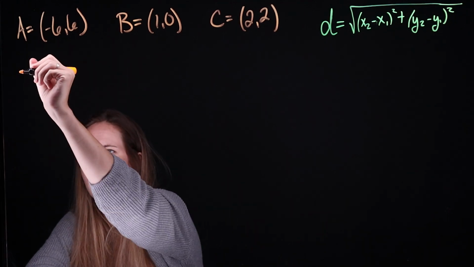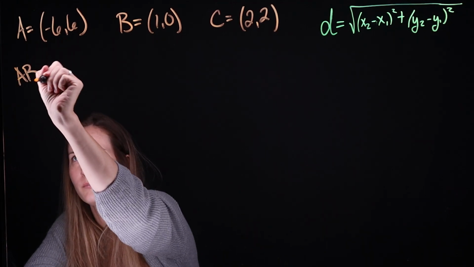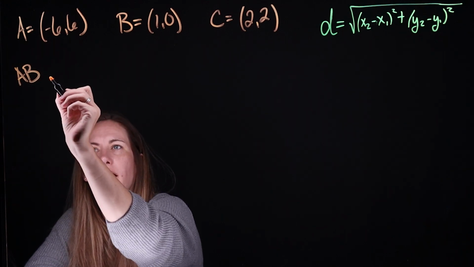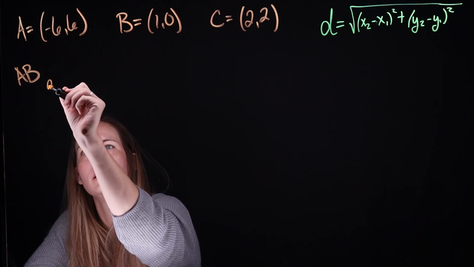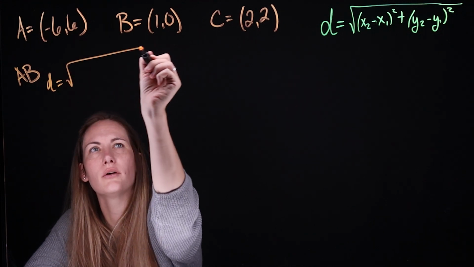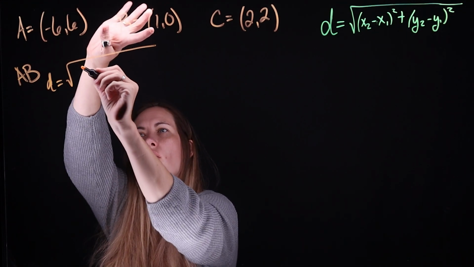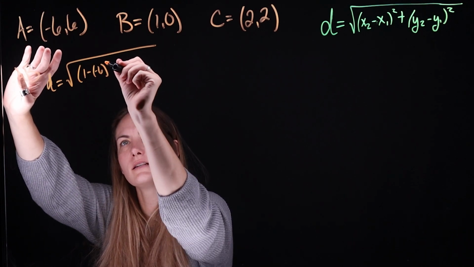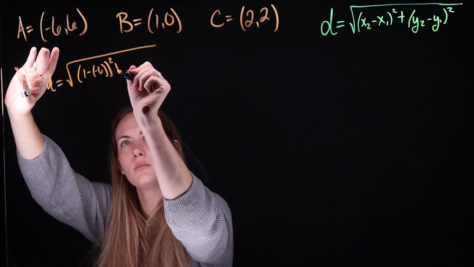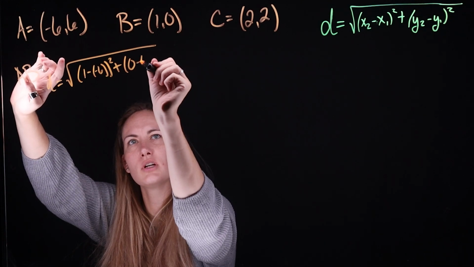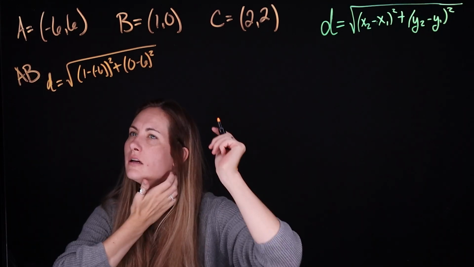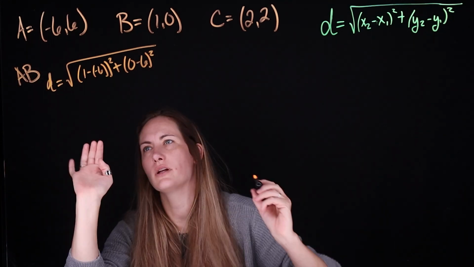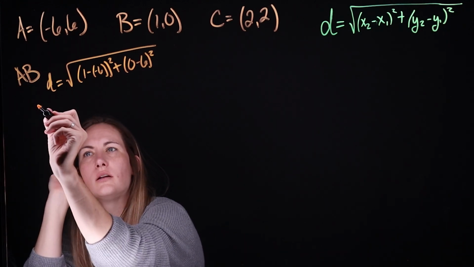So let's do AB first. And I'm going to have distance equals the square root of 1 subtract -6, all of that squared, plus 0 subtract 6 squared. And that's going to be AB, so let's go ahead and do it. I'm going to scoot it under.